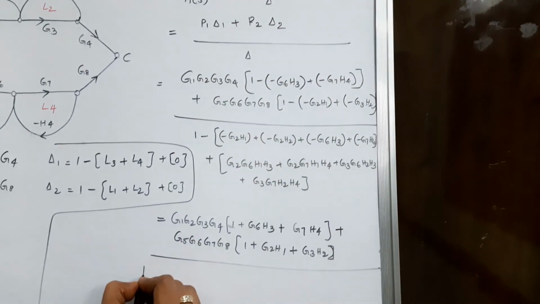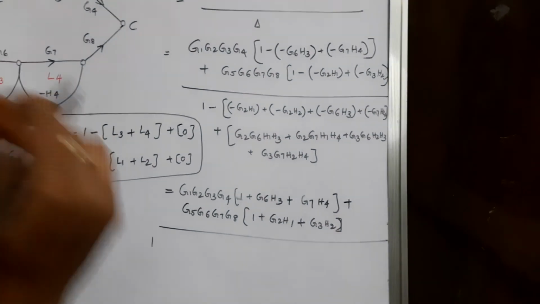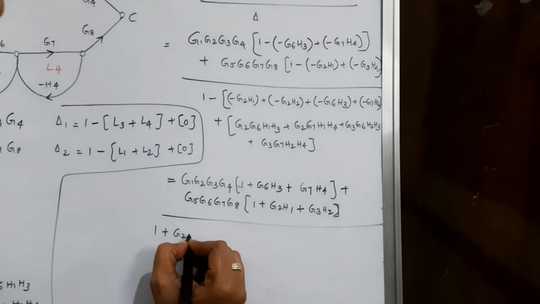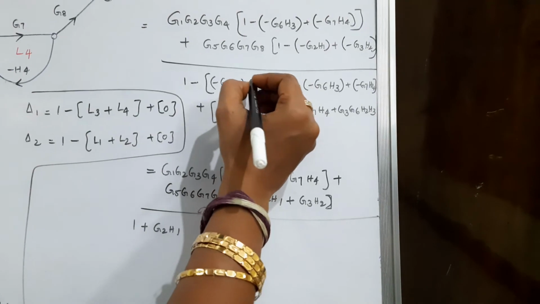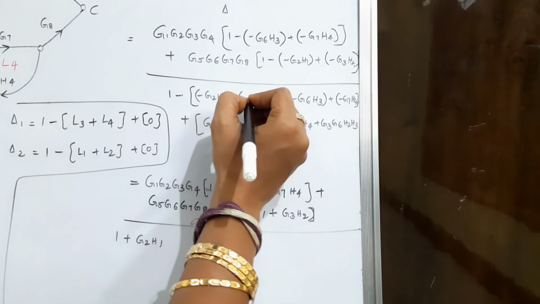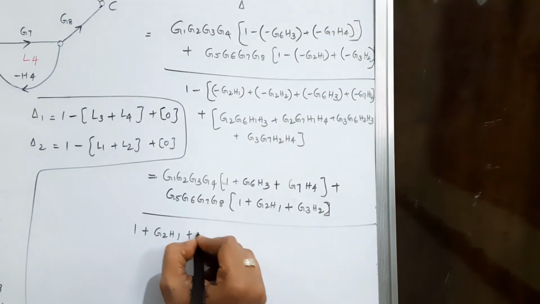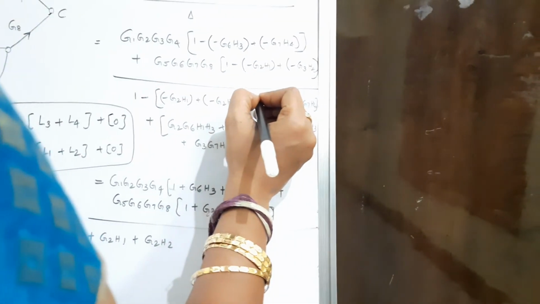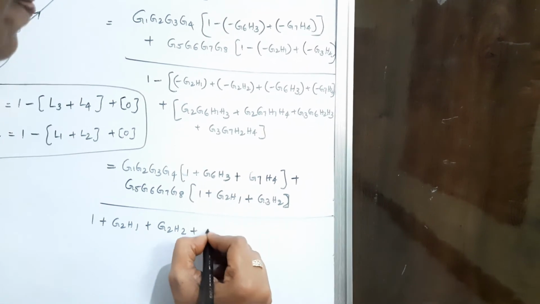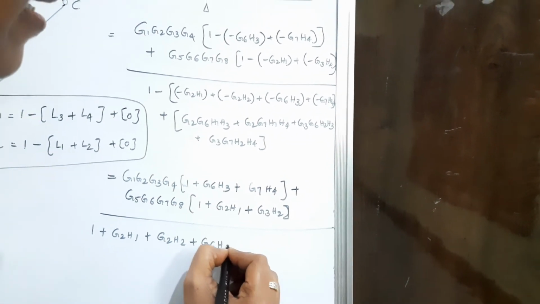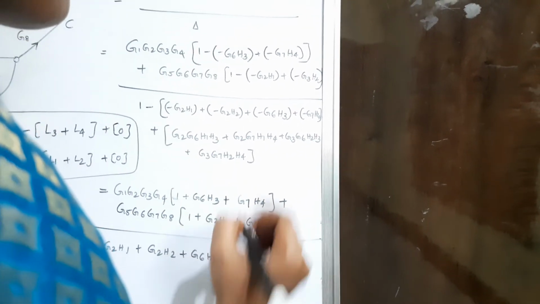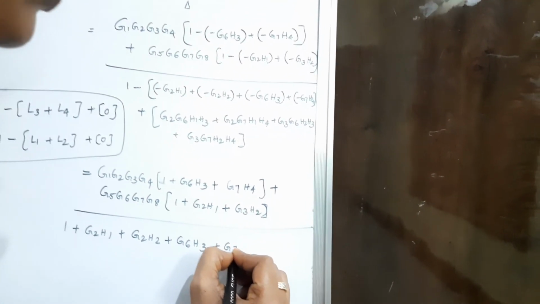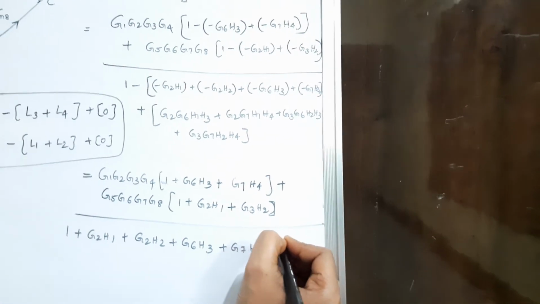Then upon 1 minus of minus into minus plus G2H1, plus into minus minus, minus into minus, it becomes plus G3H2, plus into minus minus, minus into minus, again it becomes plus G6H3. Then again minus here, minus into minus, plus G7H4.